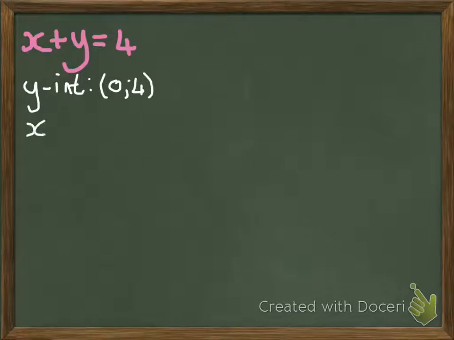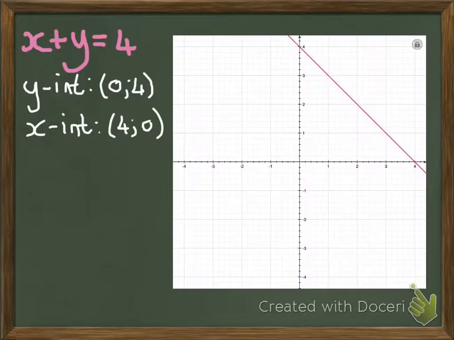And to find your x-intercept, remember you made y naught and you got x equal to 4, so that was the point (4, 0). Now what you need to do here is plot those 2 points and draw the line between them. Okay, so your y-intercept up there at 4, x-intercept at 4, and your line is drawn in between them.